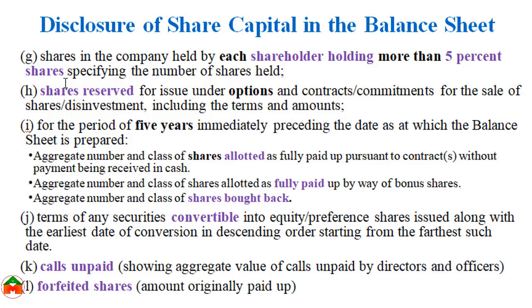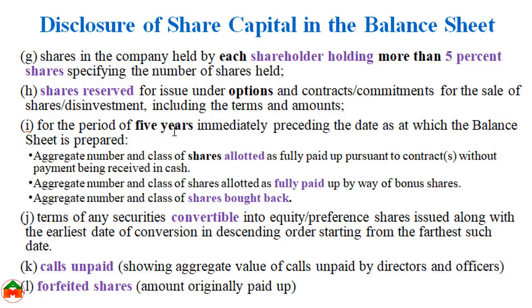That means the shares in the company held by each shareholder holding more than 5% of share should be disclosed in the notes. As well as you have to disclose the share that is reserved for options or contract.